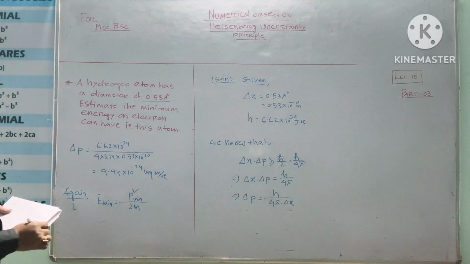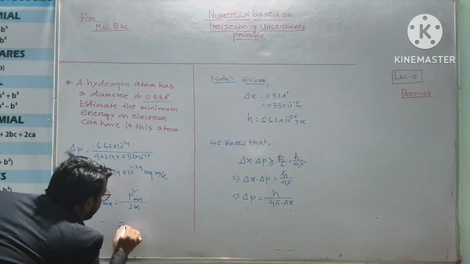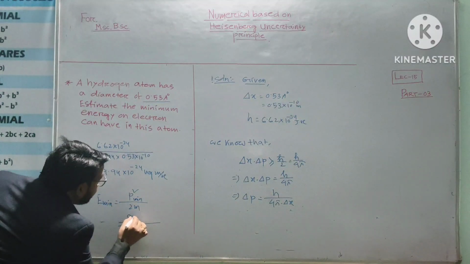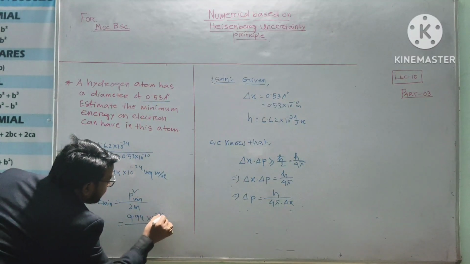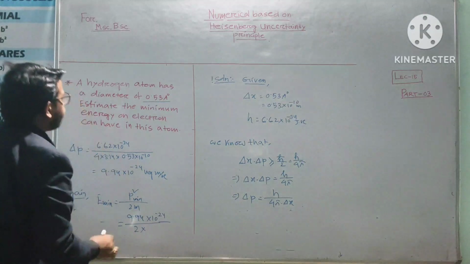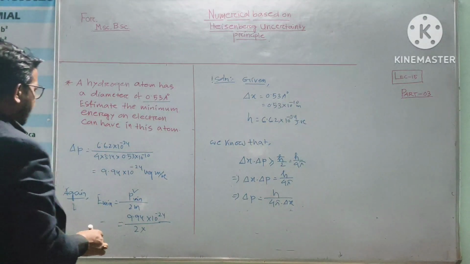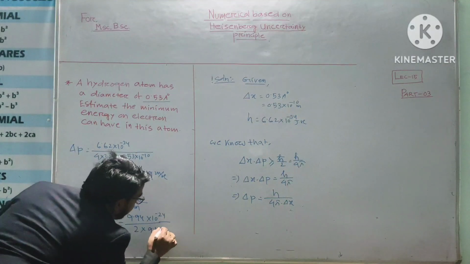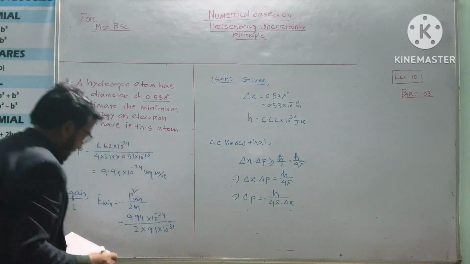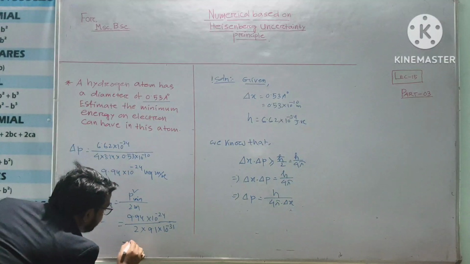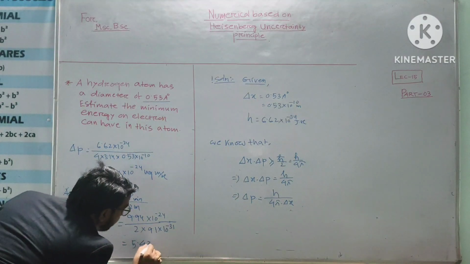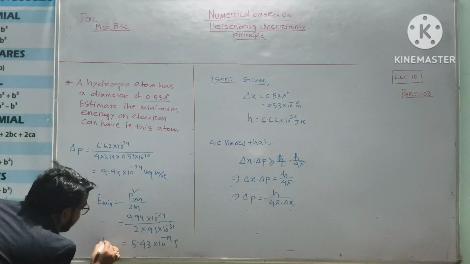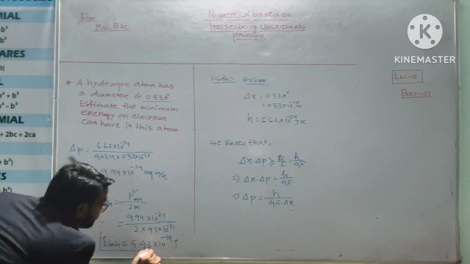The value of p minimum is equal to delta p, so delta p equals 9.94 × 10^-24, and 2m: the particle is an electron, so 2 times 9.1, the mass of the electron being 9.1 × 10^-31. After solving this part, we will get 5.43 × 10^-19 joule. So this is our required minimum energy.